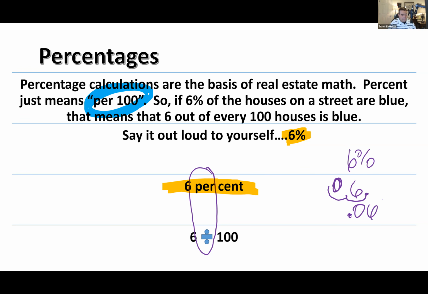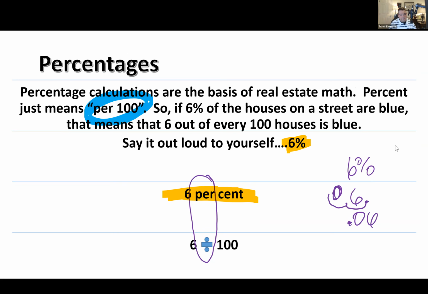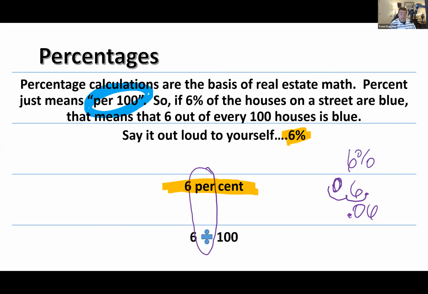I'm going to change my share for just a second with you, though. I want you to see how easy, in my opinion, this makes it to deal with 6%. Let me put up my calculator here. This is so much easier.